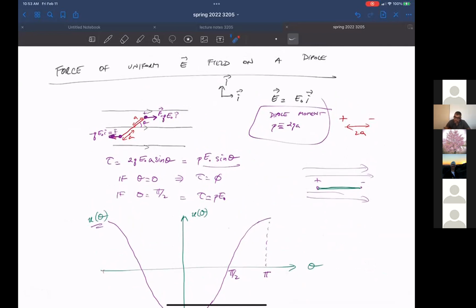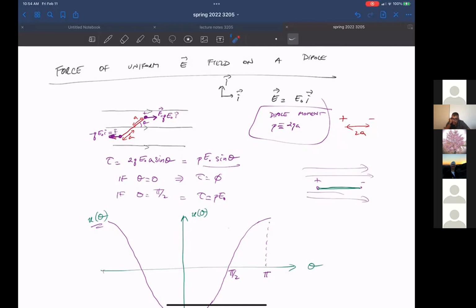So you're saying the torque is going this way, and do I need a minus sign? Let me think about that one.